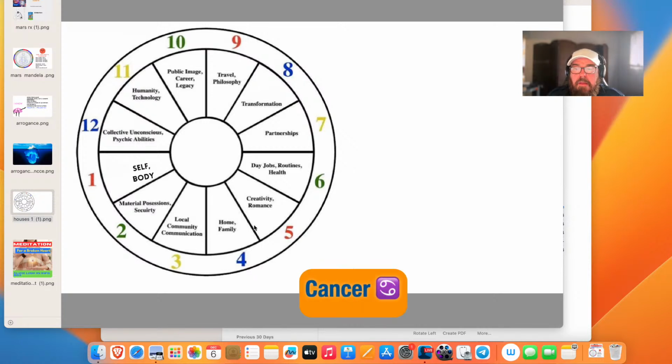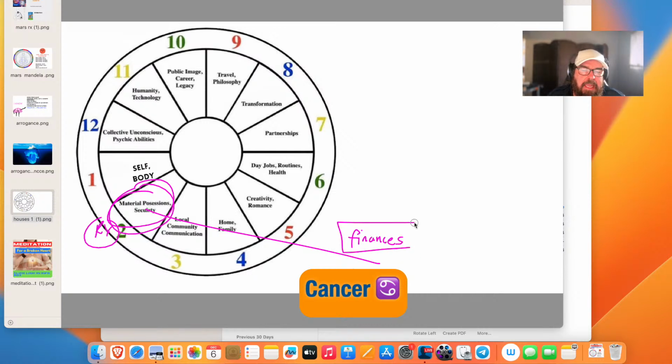Okay. And Cancer, sun, moon, or rising, is in the 2nd house. So Mars retrograde, right? With the arrogance, well, this is going to affect your finances. And there's nothing more humbling than having your finances delayed, right? I'm using all this willpower and I make things happen and I earn money and I'm on top of my game.